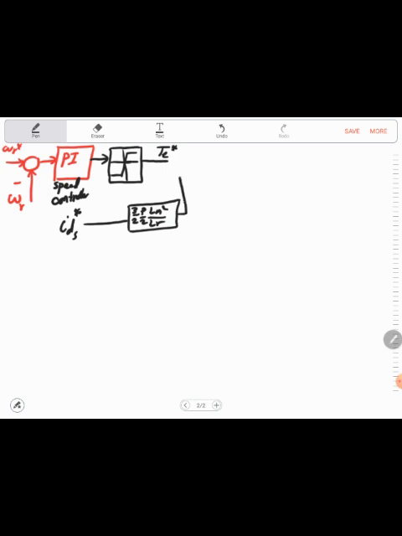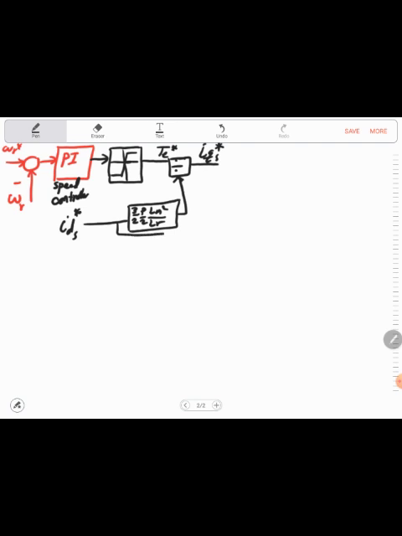Then here we can divide the torque over the constant, multiply by IDS, and now we can generate the reference current, which is the IQS reference.